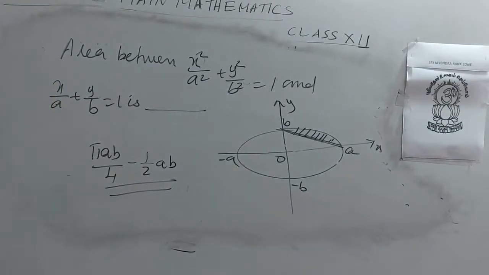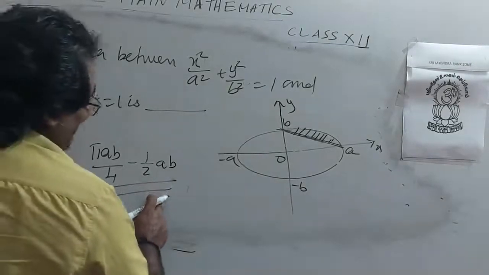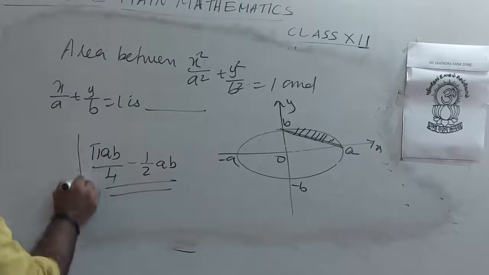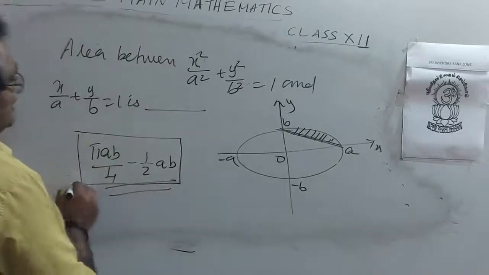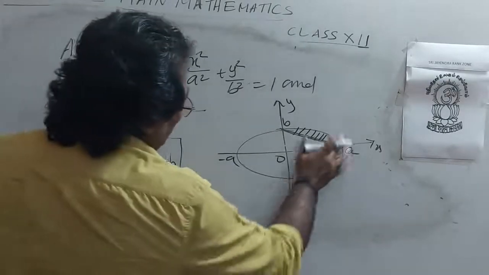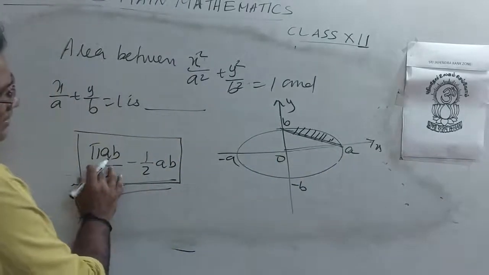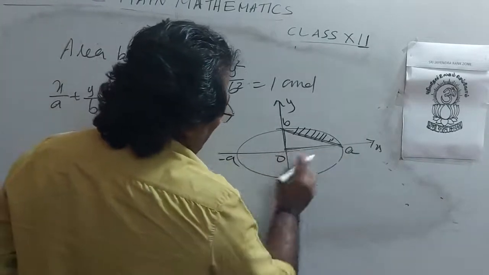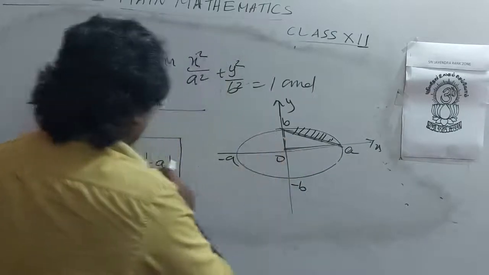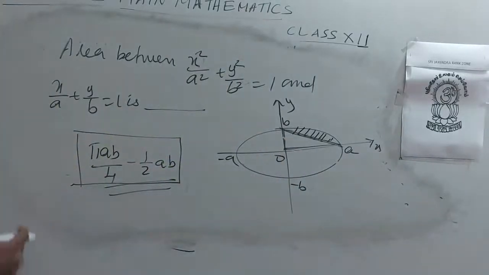You can derive this, but you can remember it as a result. The first quadrant of the ellipse is one quarter of pi ab, that is pi ab by 4, and the triangle is a right angle triangle, half into base and height, a and b. It's a very important result.